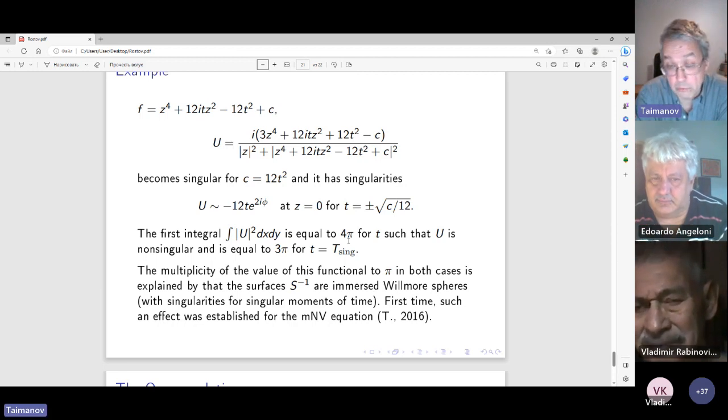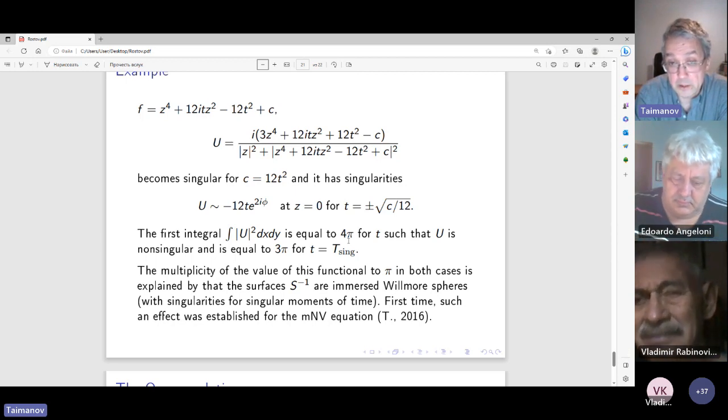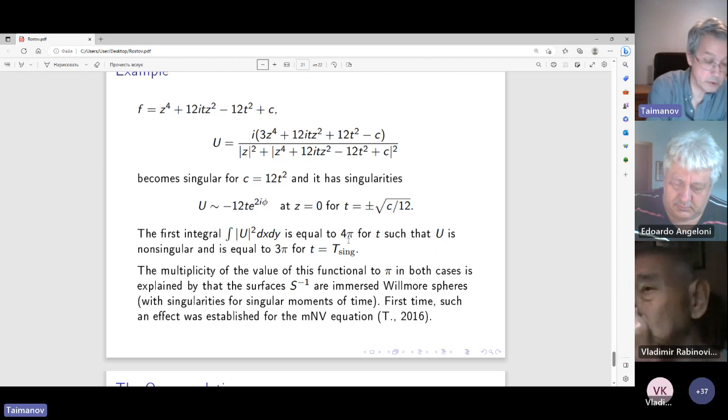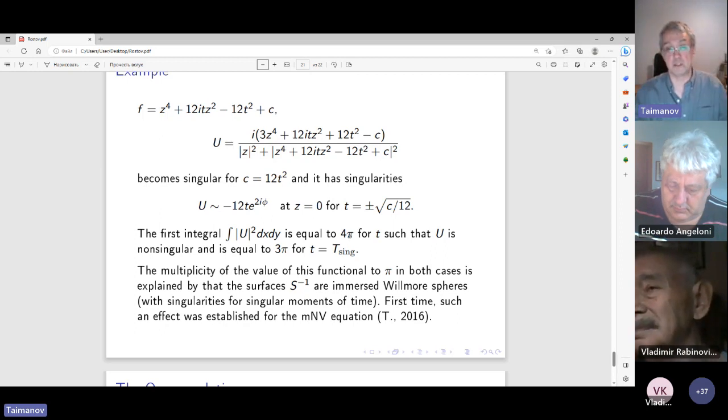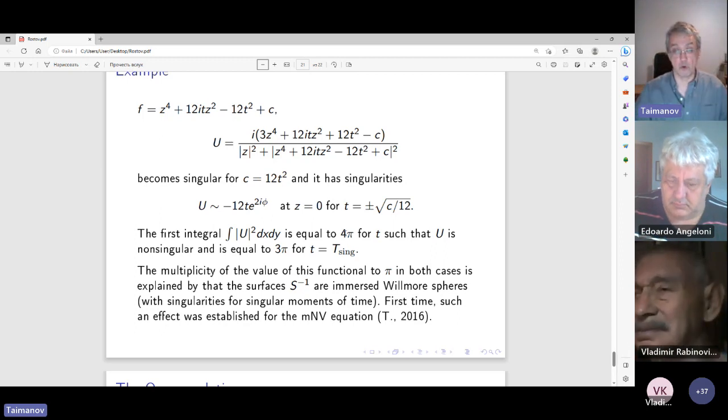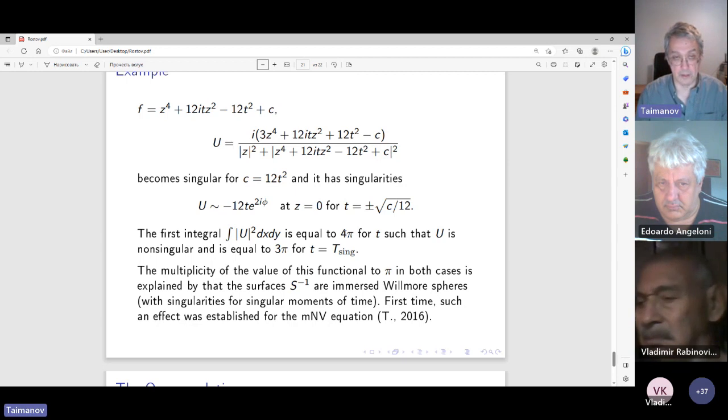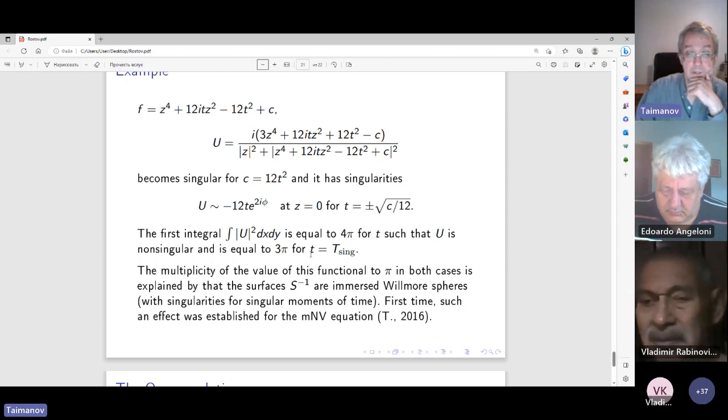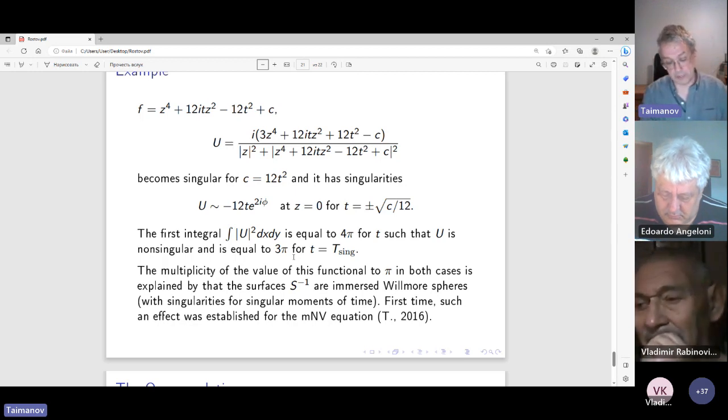That was known even to Blaschke probably 100 years ago in differential geometry. But for Willmore spheres, the Willmore functional is quantized by pi, so it has values of pi times some integer numbers. So all the time we stay in the class of non-singular Willmore spheres, but then the surface passes through the origin.